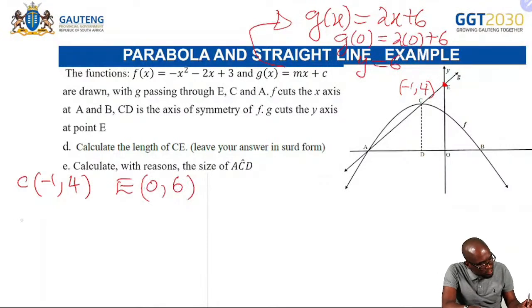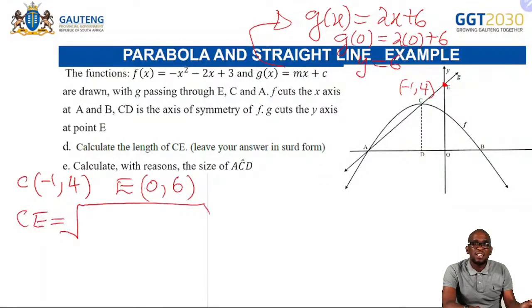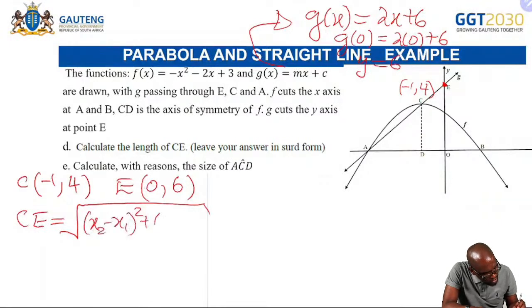Now if we want the distance or the length of CE, then we use the distance formula. This would be the square root of x2 minus x1 squared plus y2 minus y1 squared.